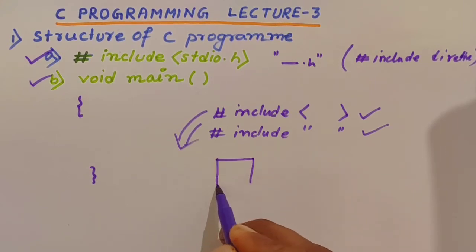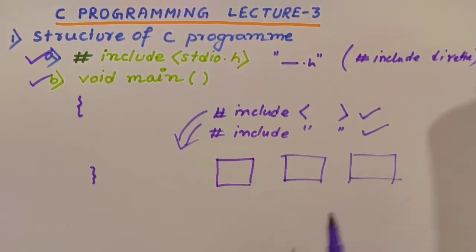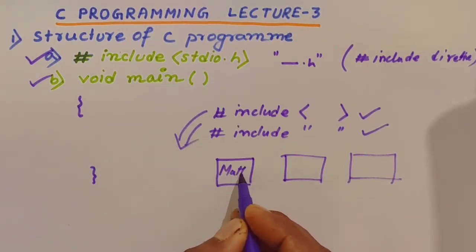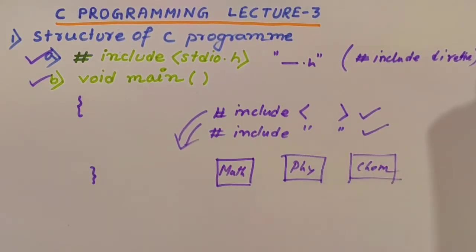So for example, suppose in a college different libraries are there. One is for mathematics, physics, chemistry. So different libraries are there. If you want to study mathematics, you have to go to the mathematics library, and similarly the other two.